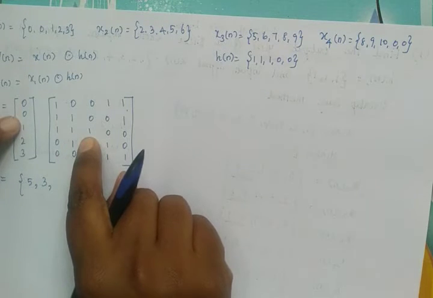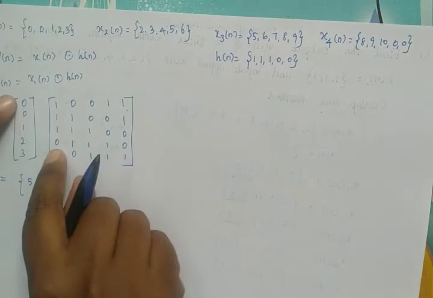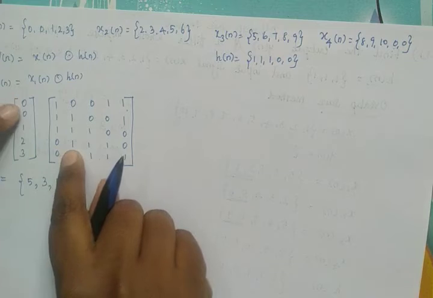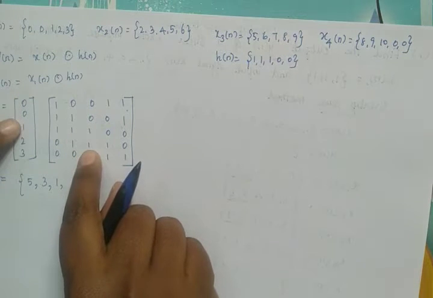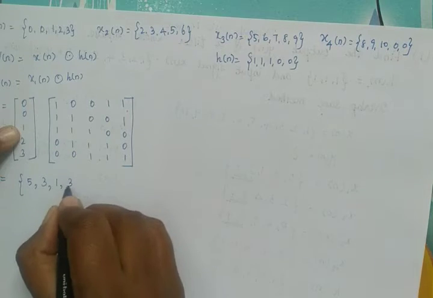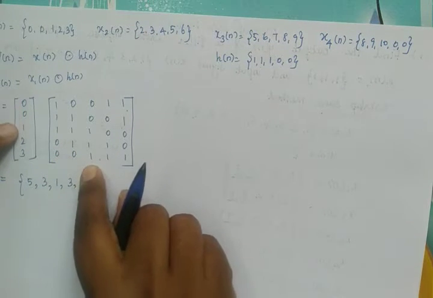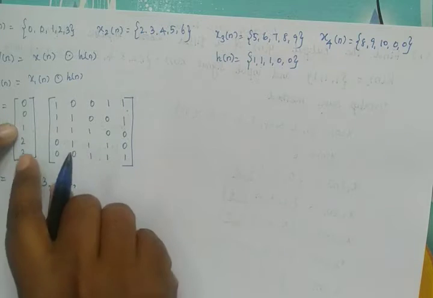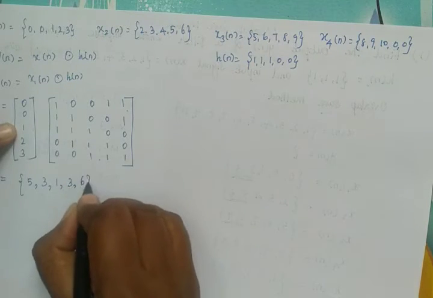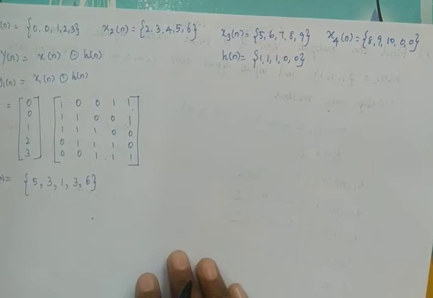So 1 into 1 will be 1, because the remaining two will be 0. Then here 0, here we have 0. Then 1 into 1, 1. 2 into 1, 2. So 1 plus 2 is 3. And here it is 0, 0, 1 plus 2 plus 3. So 3 plus 2 plus 1 is 6. Therefore, y1 of n is equal to 5, 3, 1, 3, 6.